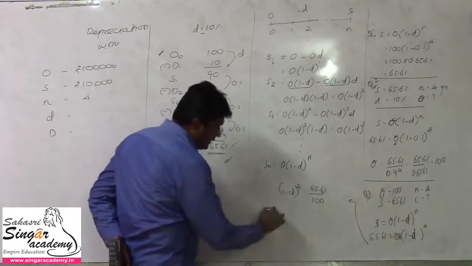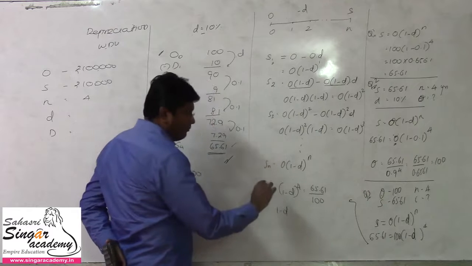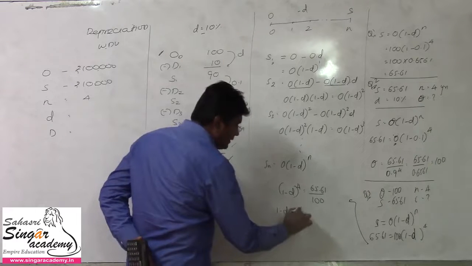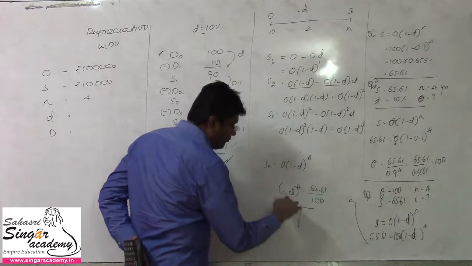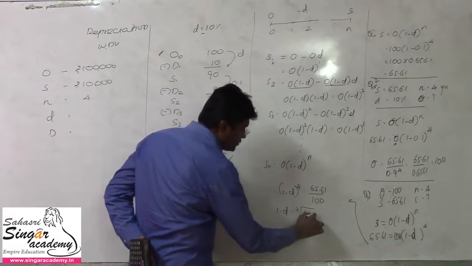Otherwise, if the power 4 goes to the other side, it will come as an nth root, that is, the 4th root of 65.61 divided by 100.